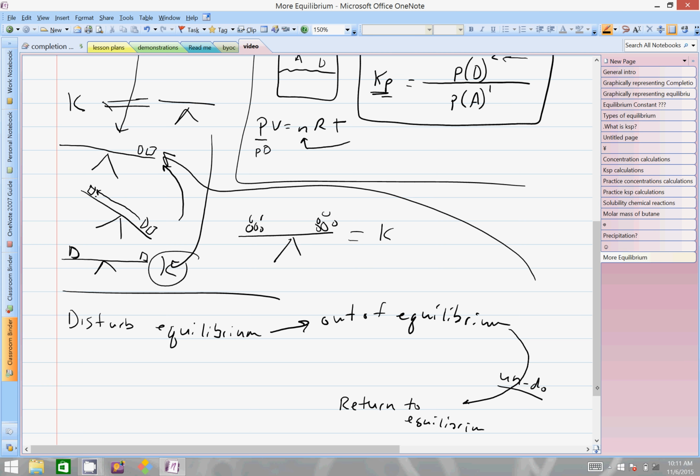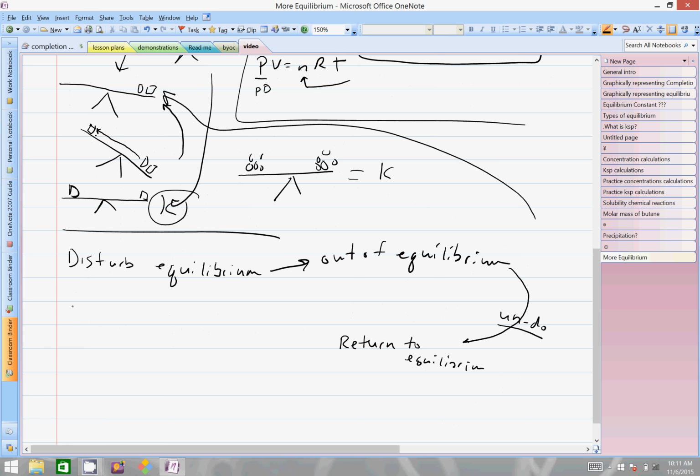Common examples of this would be if you add concentration, then it will attempt to remove concentration. If you add pressure, it will remove pressure.